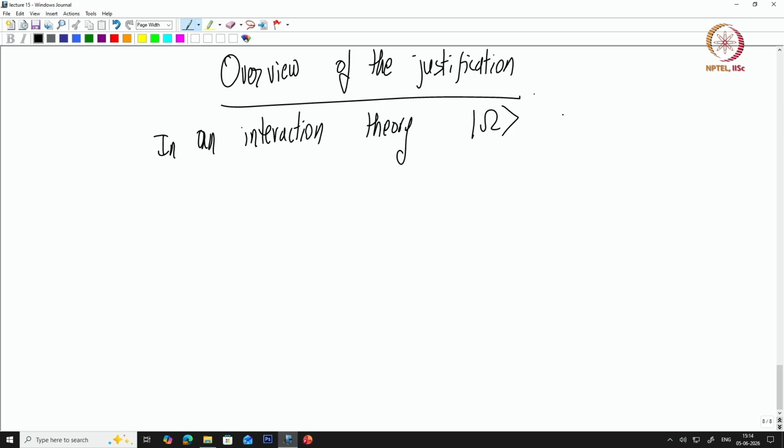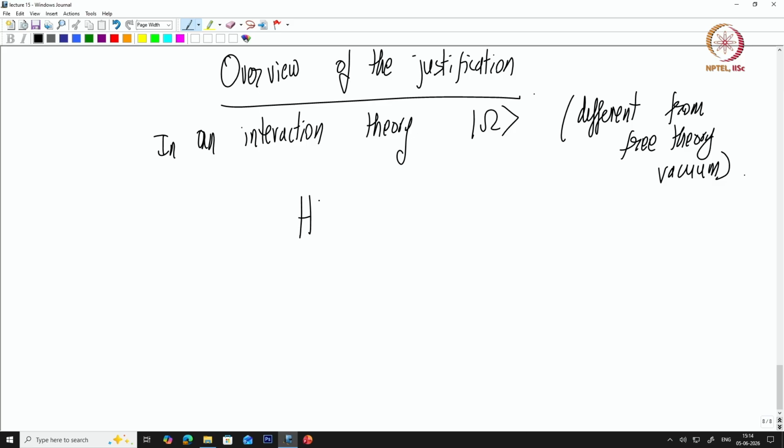The interacting theory vacuum is different from the free one. But what we do is we say that the Hamiltonian acting on the vacuum should go to 0, because we have to normalize the thing.